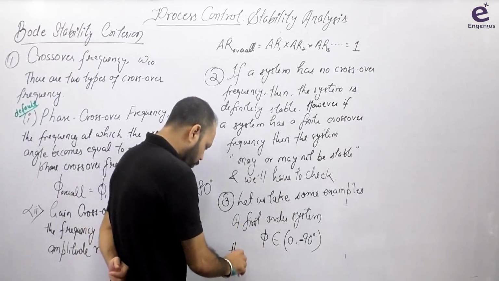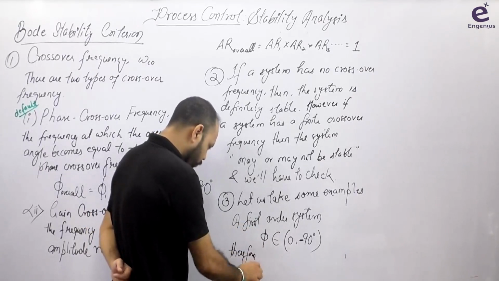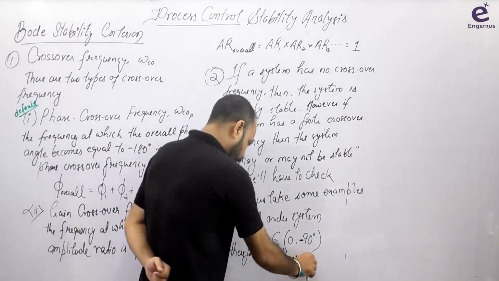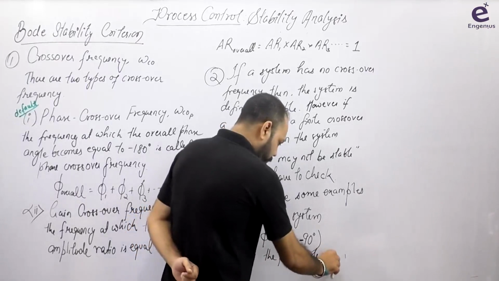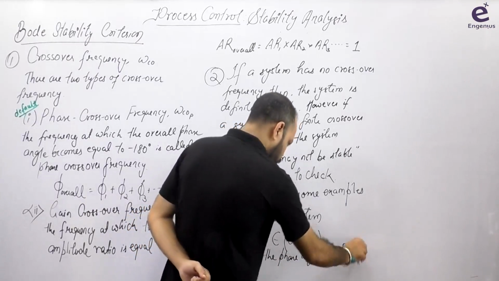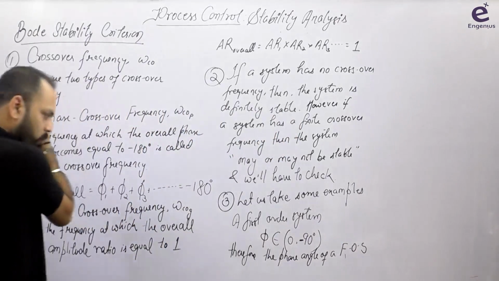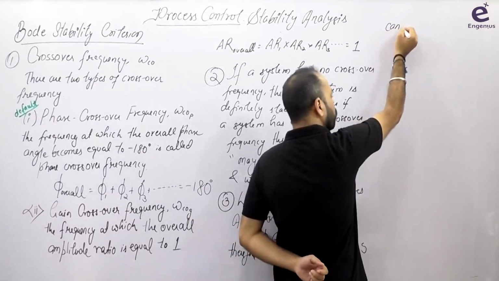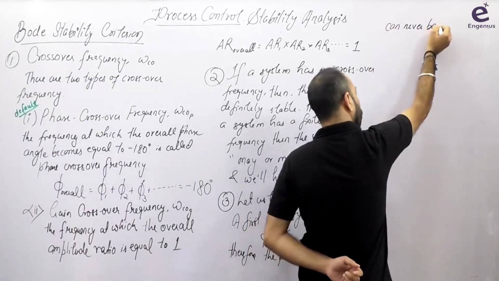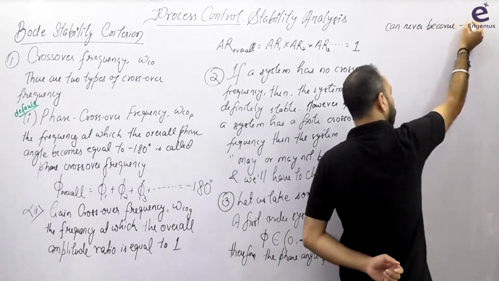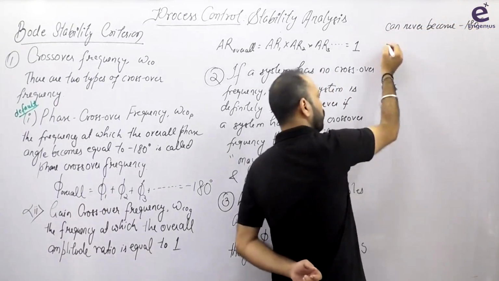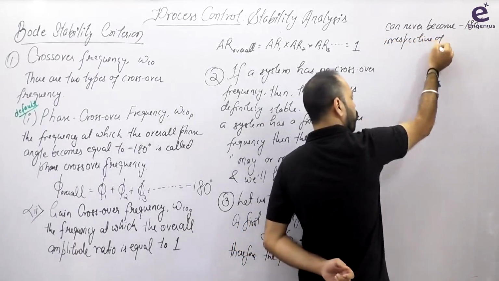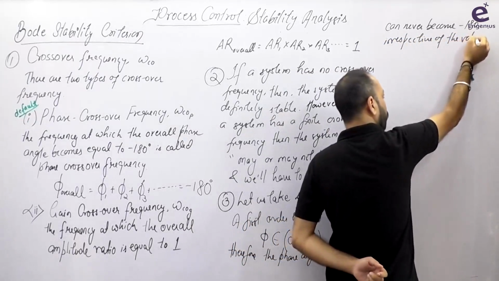Therefore, the phase angle of a first order system, FOS, can never become minus 180 degrees, irrespective of the values of omega.